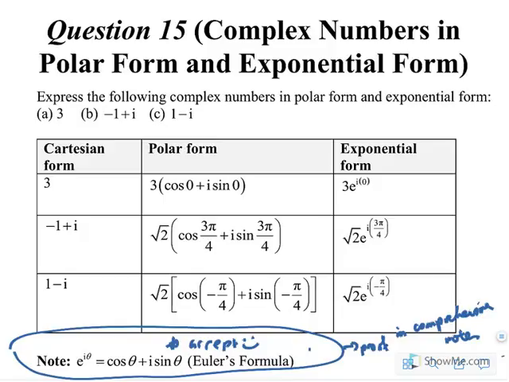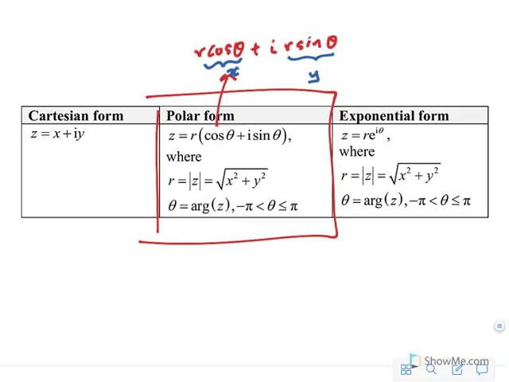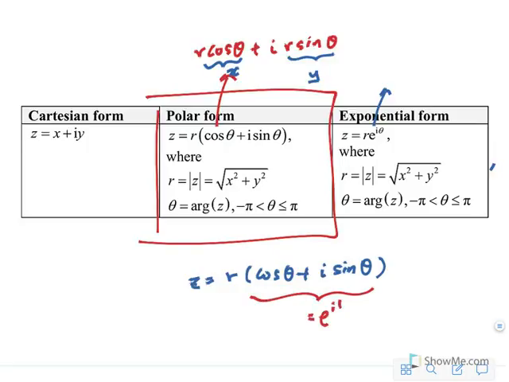Using Euler's formula, we can actually express our polar form in the exponential form. Let me just write it. z equals r cos theta plus i sin theta. Using Euler's formula, this is equal to e to the power of i theta.